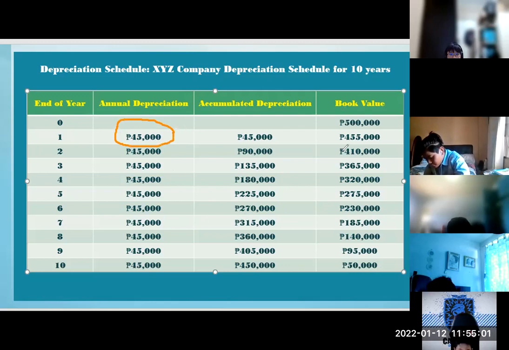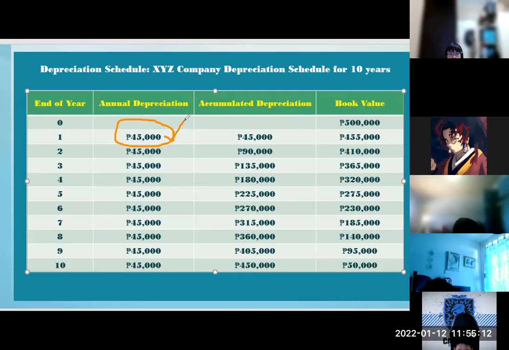You will only produce a complete and correct depreciation schedule if you encoded or computed this annual depreciation in the first year of the depreciation schedule. If you encoded this one, everything else follows. Everything else will be correct, if the computation is right. So, with the annual depreciation amount or the formula as a guide, your amounts will be correct right away.